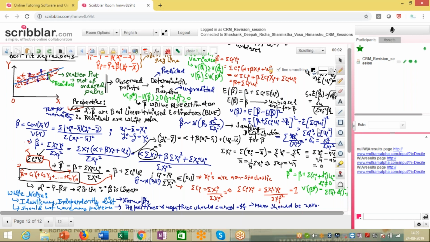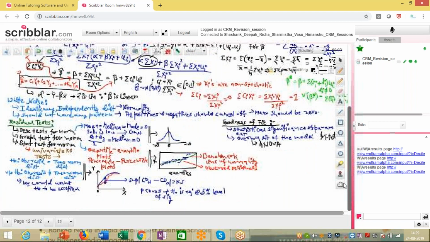The next question was how we detect the white noise: what do we do to detect that the residual is white noise, what is the implication of the errors being white noise, how to test them, what properties alpha hat and beta hat should have, and what assumptions ensure that the model estimates are the best linear unbiased estimators.